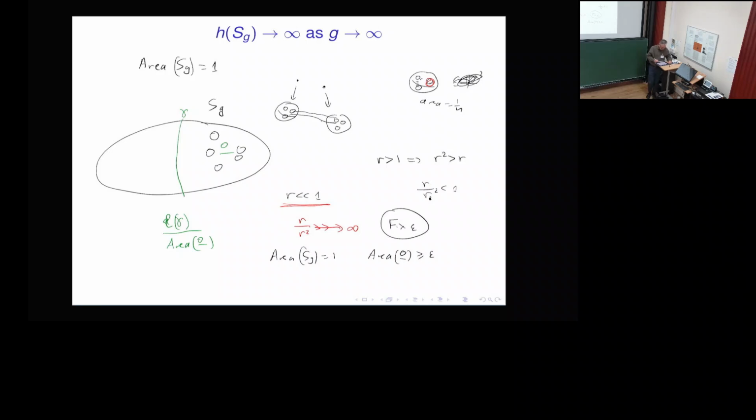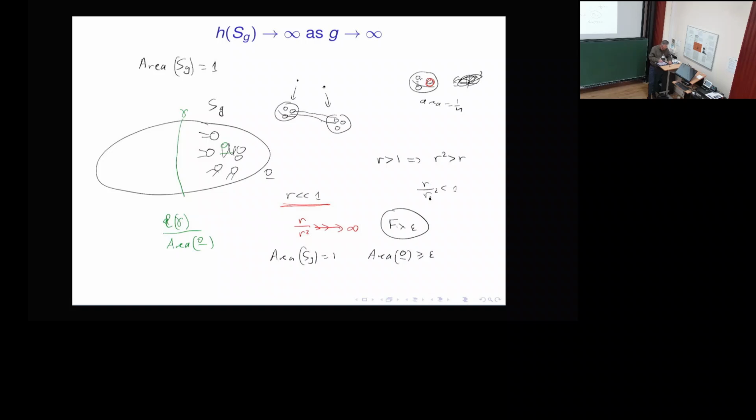Now, if I have a lot of vertices entirely contained in my domain omega, then by the expander property I have a lot of edges coming out, and they have to be contained in gamma.